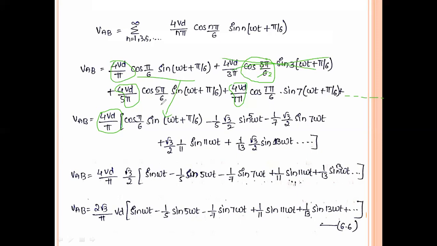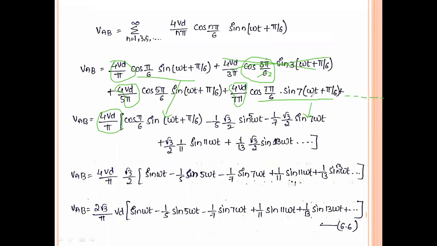So we will have this term only. Here you can see cos 5 pi by 6. Cos 5 pi by 6 is minus root 3 by 2. So before we are having 1 by 5 here. So minus 1 by 5 into root 3 by 2 sine 5 omega t, because here it is sine of omega t plus pi by 6. You simplify this term, and similarly for this term also simplify and write here.